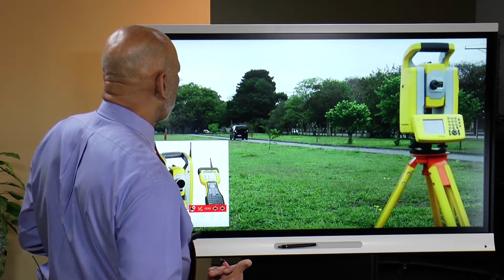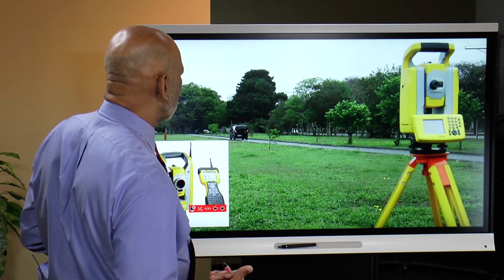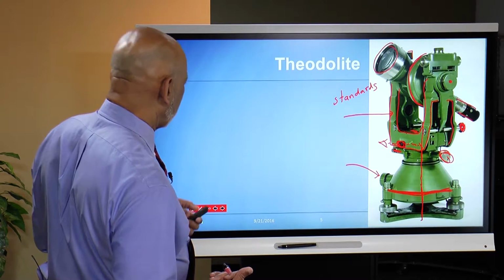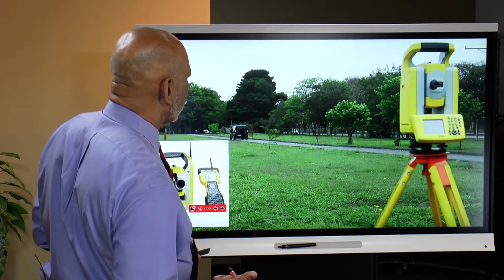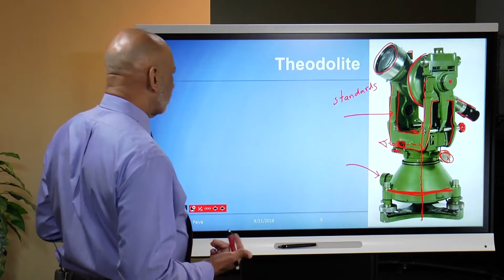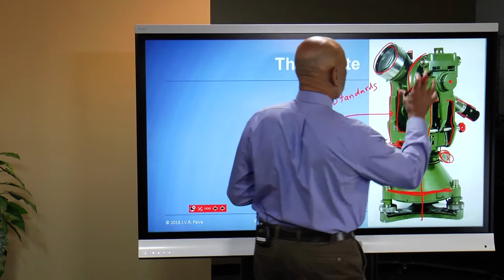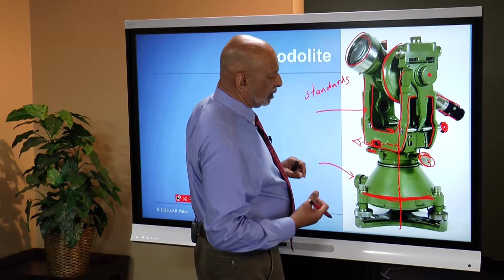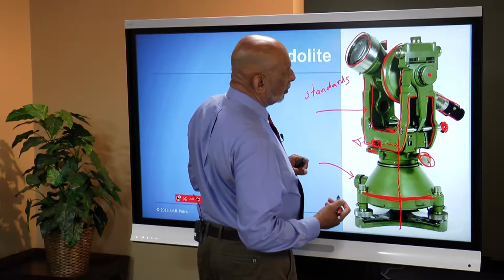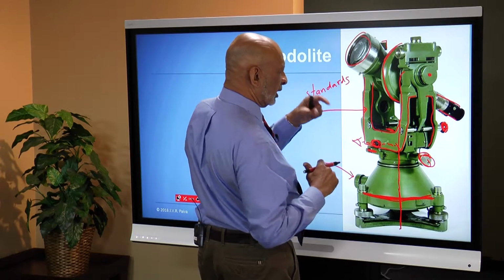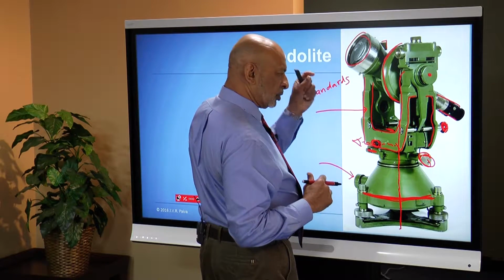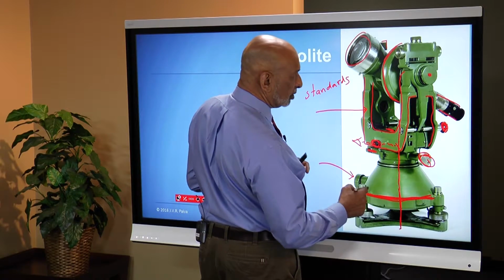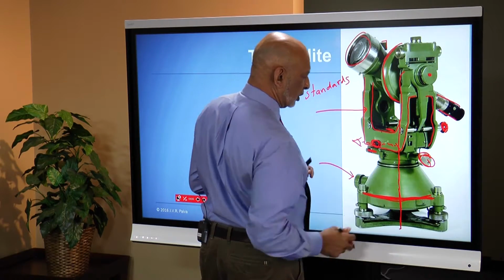So finally, I want to move to a modern total station. A modern total station is basically a theodolite, but, oh, I forgot to mention, because these circles are enclosed inside these cavities inside this metal body, on the other side of the instrument is a little aperture and a mirror that lets you send light into the instrument so that you can read the circles, the vertical circle and the horizontal circle.